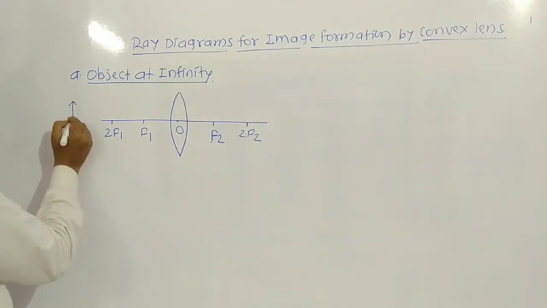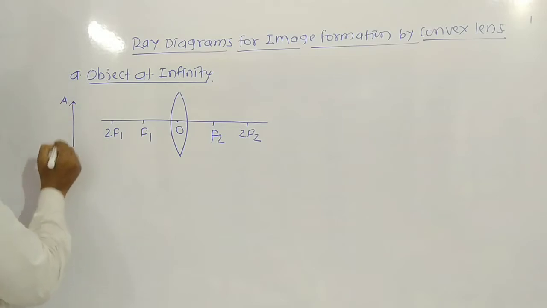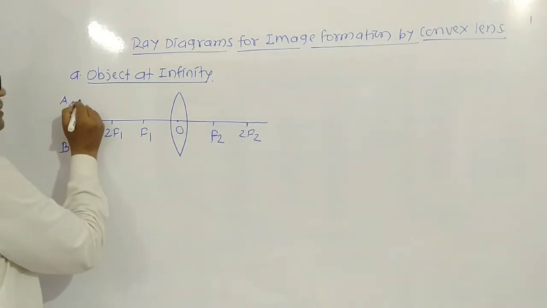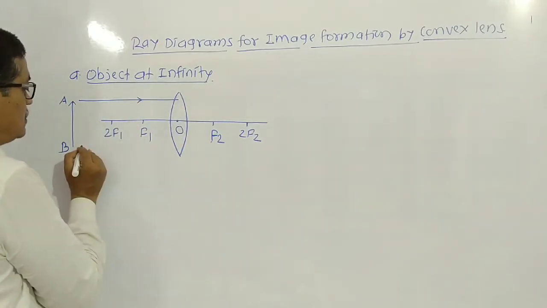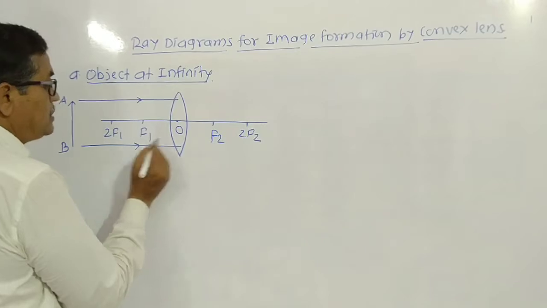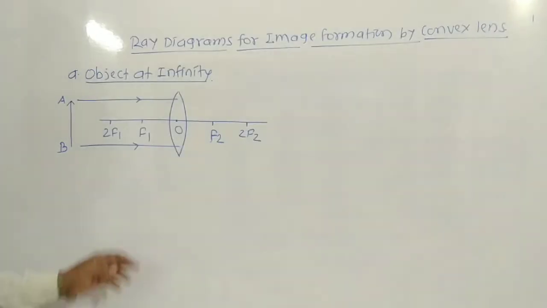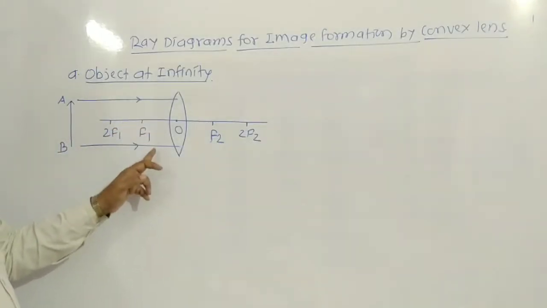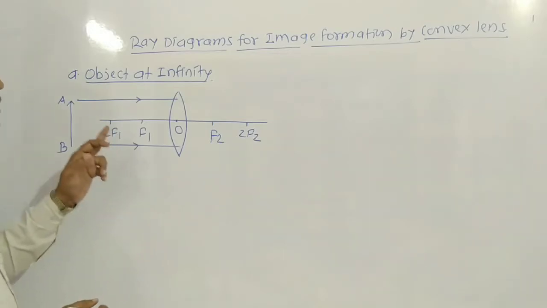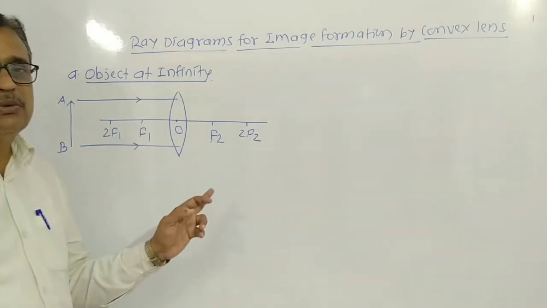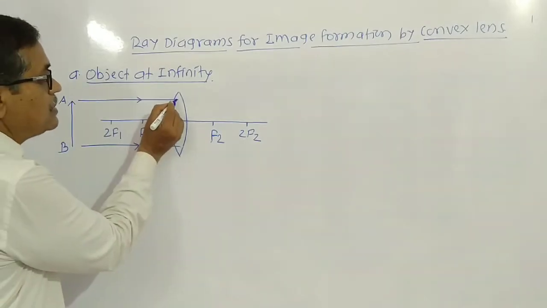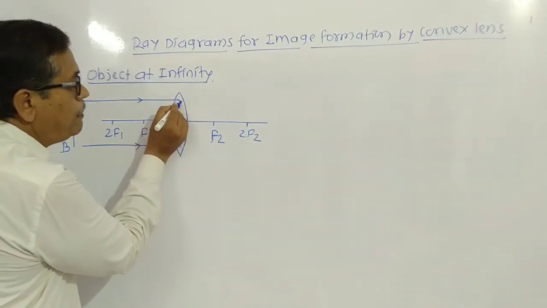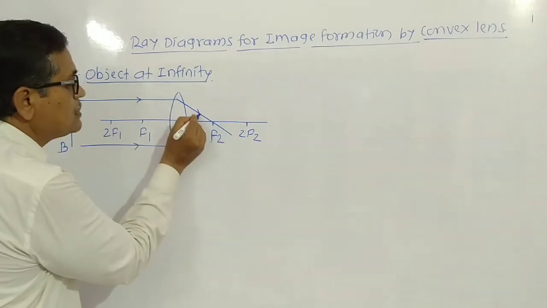Here is the object, for example AB, and both light rays are parallel to the principal axis, above the principal axis and below the principal axis. According to the first rule, when a light ray is parallel to the principal axis, the refracted ray passes through the focus.